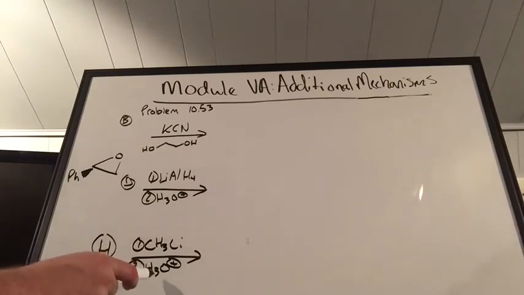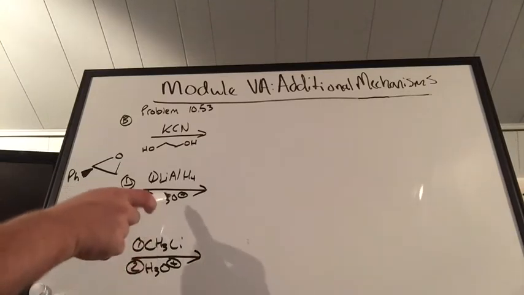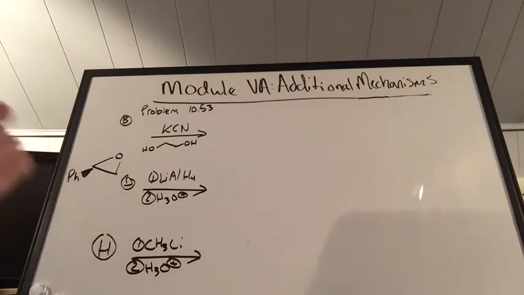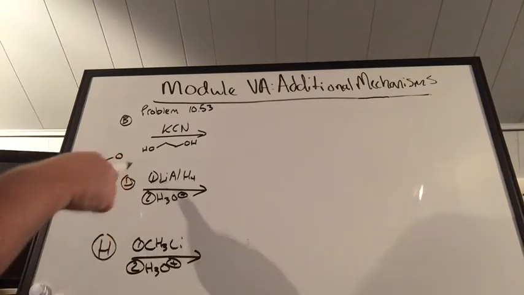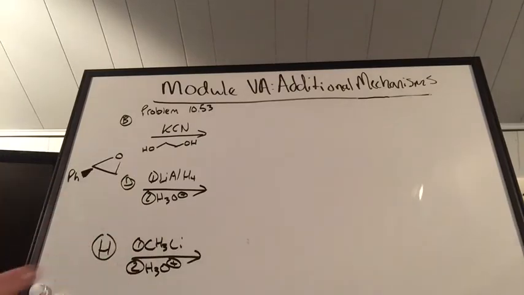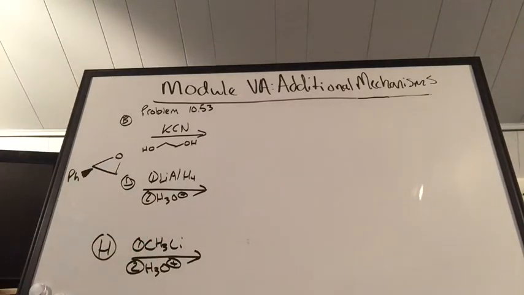And then the second step is going to be H3O. So in both cases, this is going to be acidic conditions, but remember that each one of these steps is going to be a different physical step in terms of the process. Okay, not necessarily the physical separation in terms of location, what have you.